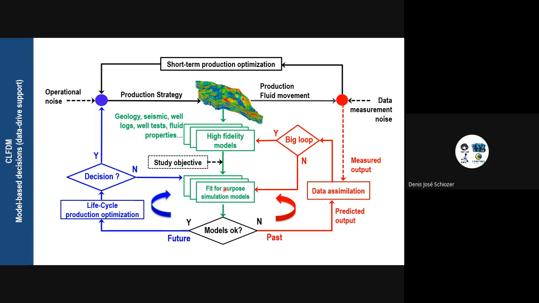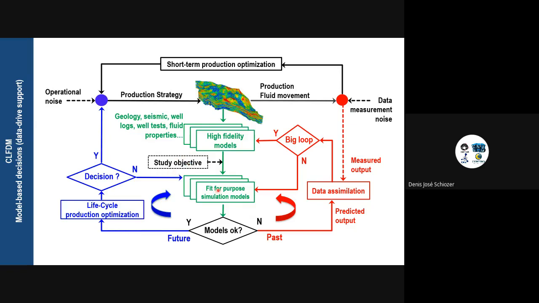Throughout the course, we are going to explain why we are not using these high fidelity models, not only because these are faster. These are models, and of course they are different from the real reservoir, and sometimes these models are as good as those to take the decisions we want for this objective that we are inputting here.